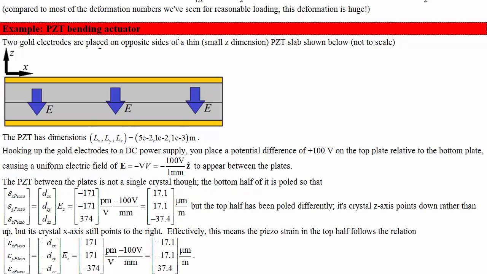Another example, PZT bending actuator. We're returning to the same actuator that we had before.